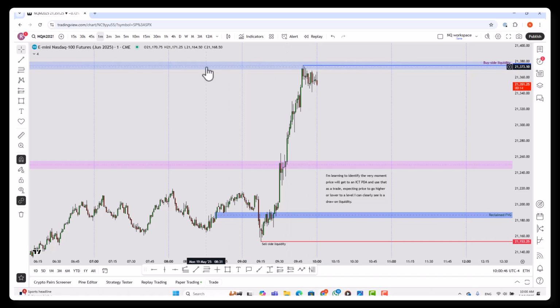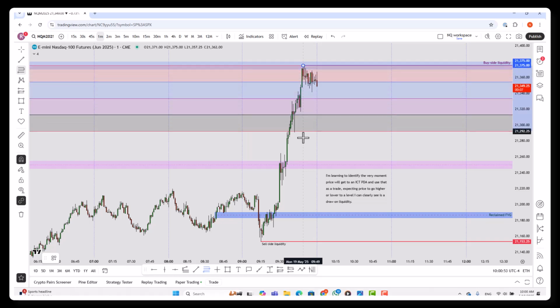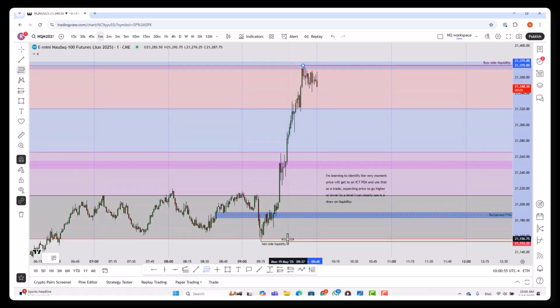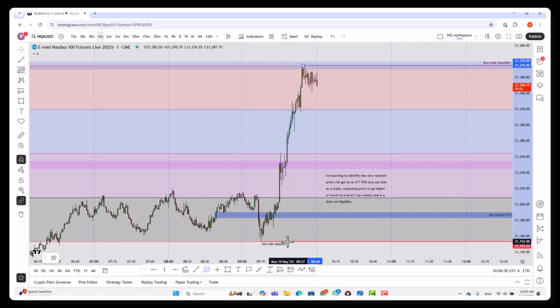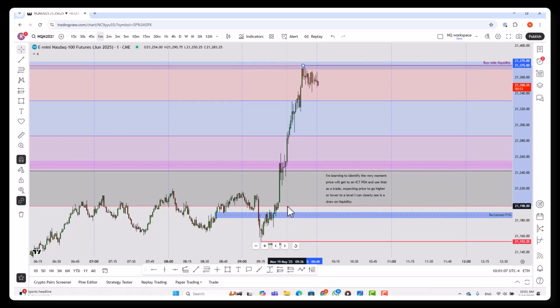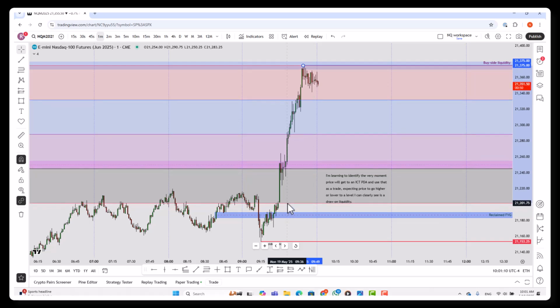What is equilibrium? Huh, right at the fair value gap. If this fair value gap is right at equilibrium, but if I use the opening range here, it is below equilibrium. There is an order block supporting it there.